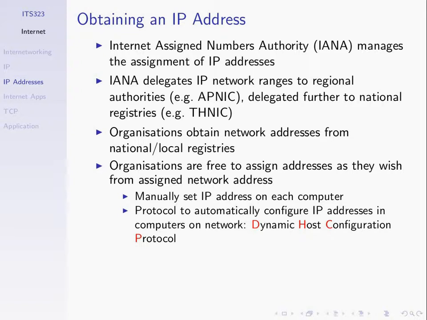Some are allocated for Asia Pacific, some for North America, some for Europe, and so on. And when you start your company or you want to get your own IP address, then usually you go to a country level authority which will give you an IP address or a range of IP addresses. Like THNIC in Thailand is based at Rangsit. They are an organisation that allocate IP addresses to users inside Thailand.